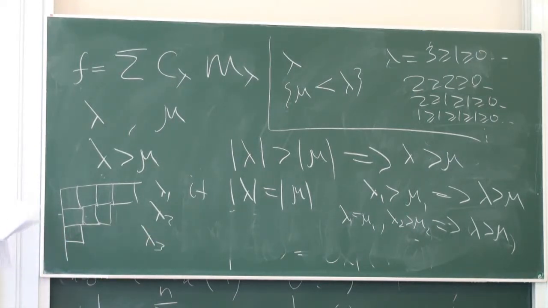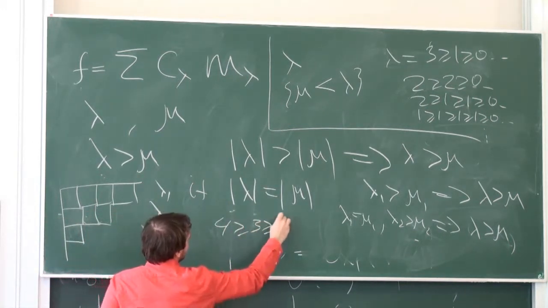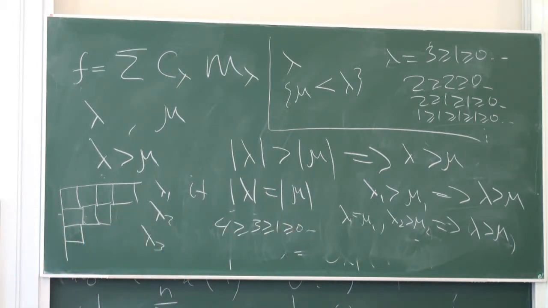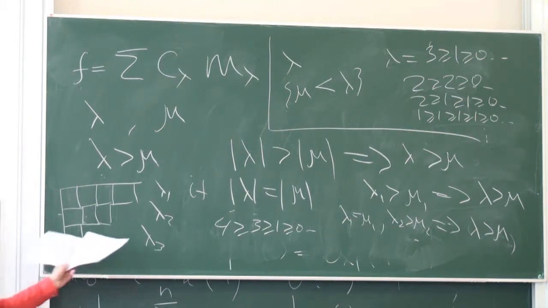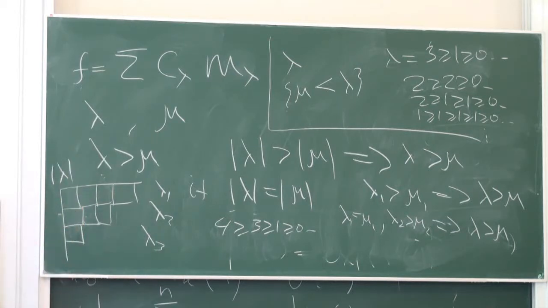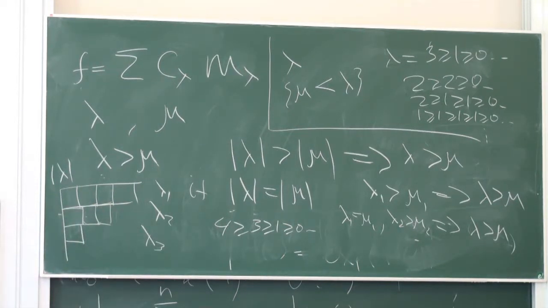For example, this picture, which is called a Young diagram, corresponds to the partition (4, 3, 1, 0, ...). In particular, the number of boxes is just the sum of all coordinates, which we denoted by modulus of lambda before. So this is a Young diagram. Now there is another parameterization of Young diagrams.